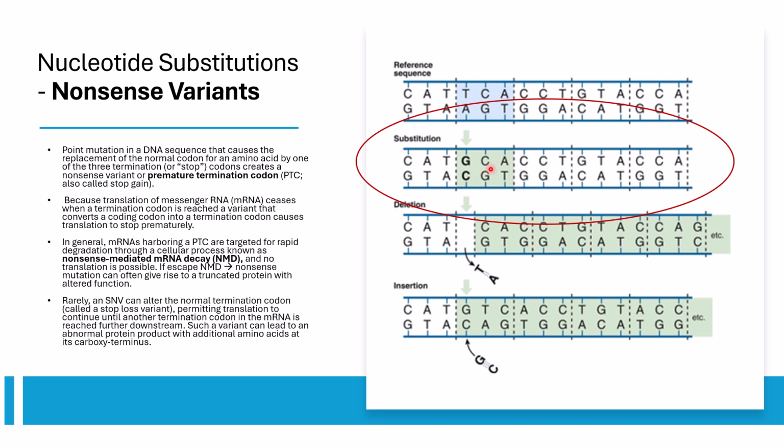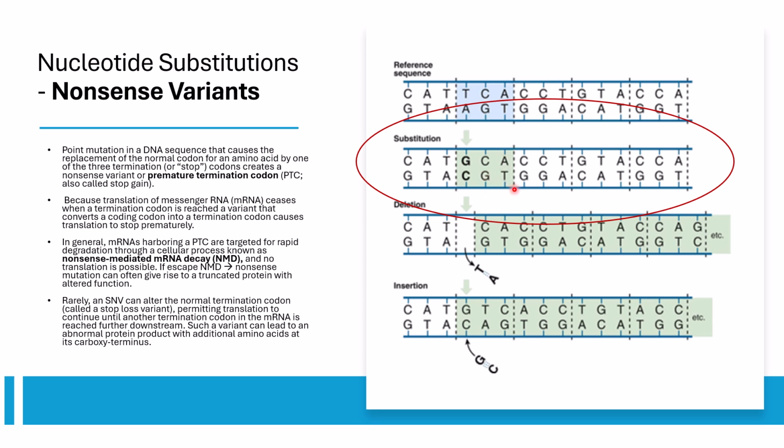The stop codon causes translation to stop permanently. In general, the mRNAs harboring these premature termination codons are targeted for rapid degradation through a cellular process called nonsense mediated mRNA decay, NMD.